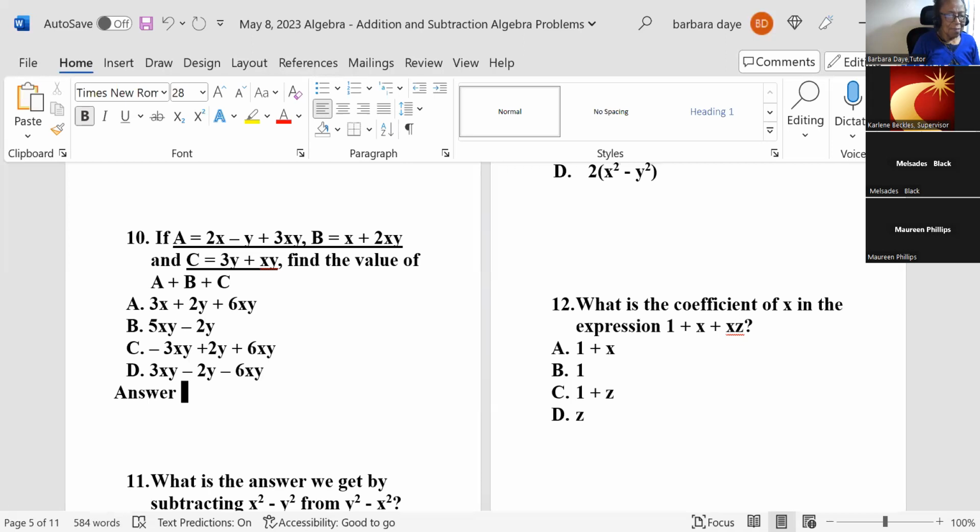You have 2xy and xy by itself. Because we got A equals 2x minus y plus 3xy, and B equals x plus 2xy, and C is 3y plus xy. So xy, 3xy, and 2xy. Wait, so that'd be like 6.